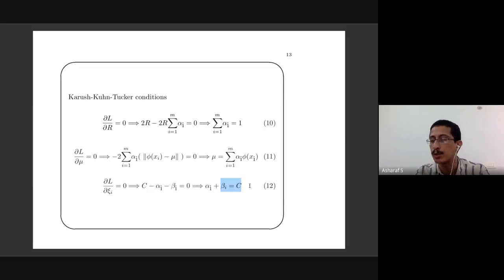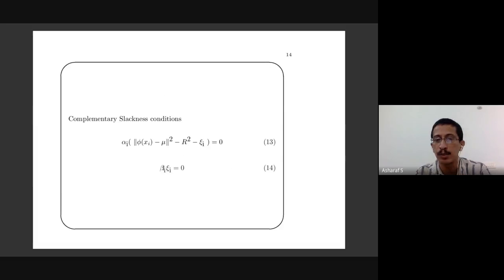If α_i is equal to 0, then β_i is equal to C. Since β_i is equal to C, which is nonzero, ζ_i has to be 0 by complementary slackness. So α_i equal to 0 says that ζ_i has to be 0. What is ζ_i? ζ_i is the mistake.